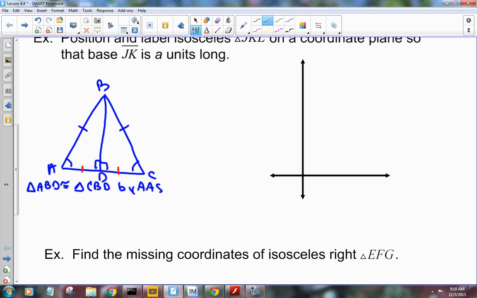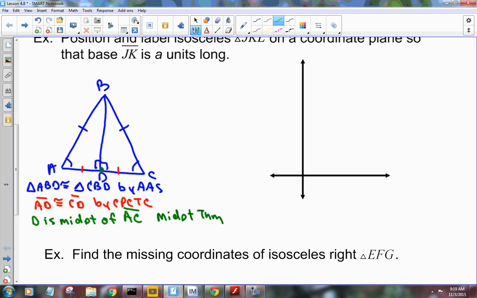By CPCTC, AD is congruent to CD. And then from that, because these two segments are equal to each other, what can I say about this point D? It's the midpoint, okay? So D is the midpoint of AC. And that would be by definition of midpoint.